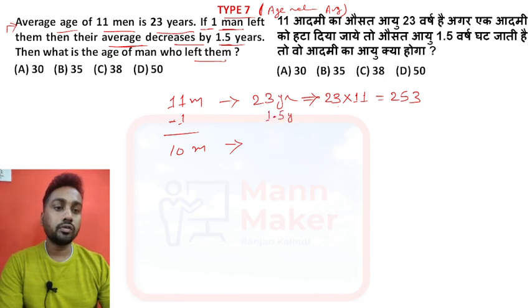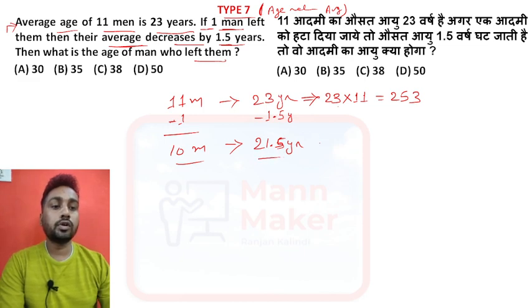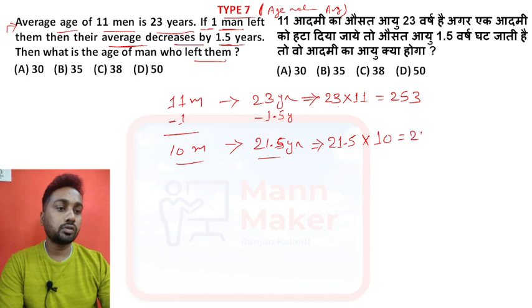So if we subtract, 23 minus 1.5, it will come 21.5. So after decreasing of 1.5, the average age will become 21.5 year. So now for 10 men, the average is 21.5 year. If we want to take summation, what we need to do? 21.5 into 10, that is equal to 215.